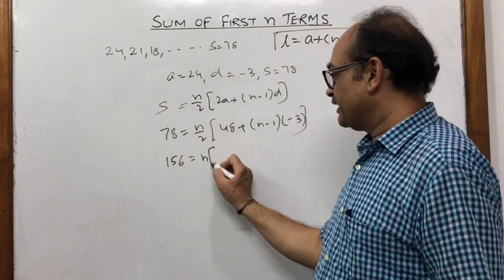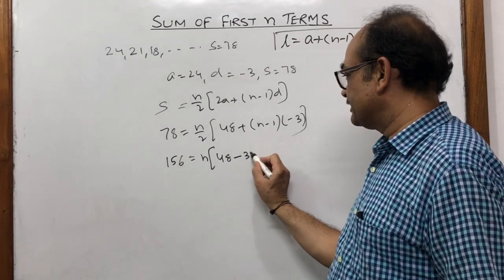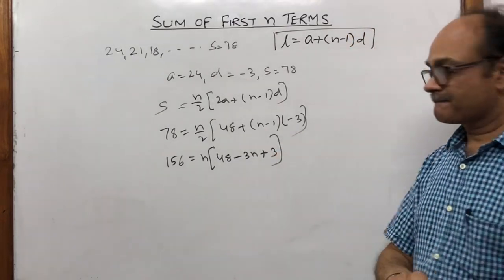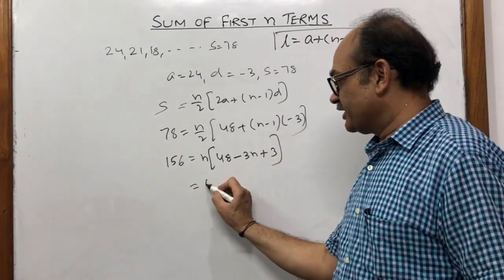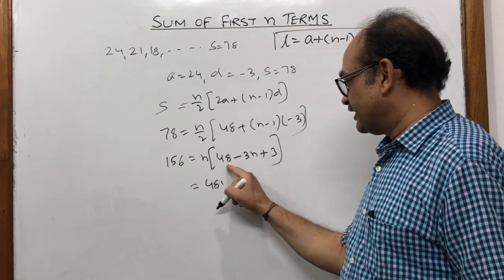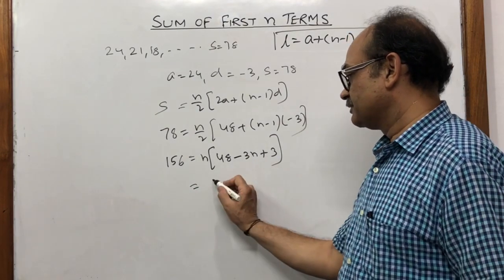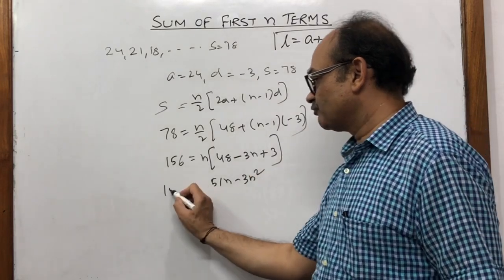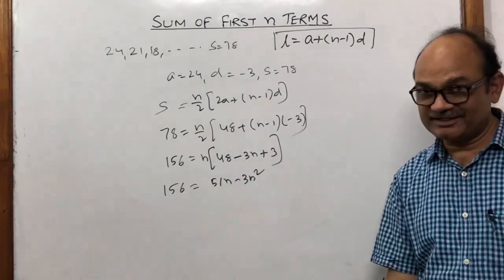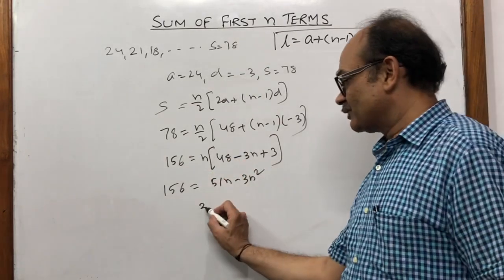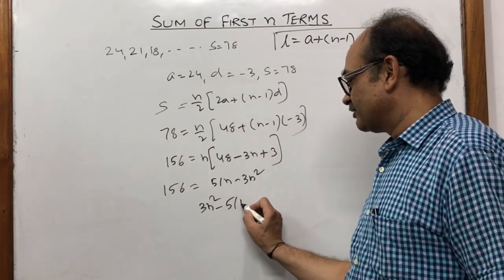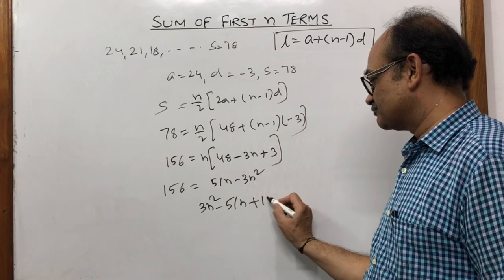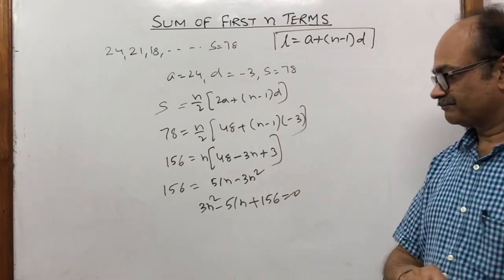Here it becomes N into 48 minus 3N plus 3. So it is a quadratic equation. 48 and 3 directly write down 51N and minus 3N square. Here 156. Revision of quadratic equation: 3N square minus 51N plus 156 equal to 0.